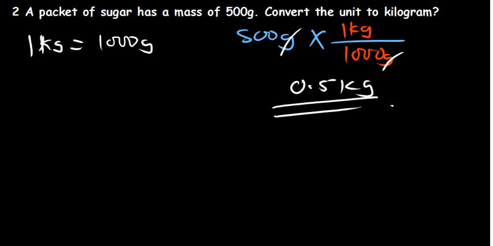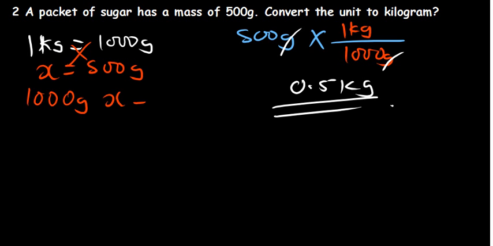That is it. If you want, you can use the concept which you were using when you were in secondary, where you say in 1 kg we have 1000 grams. Then in x we have 500 grams. You cross multiply, you find 1000 grams times x is equal to 500 grams times kg. Now we can divide both sides by 1000 grams.